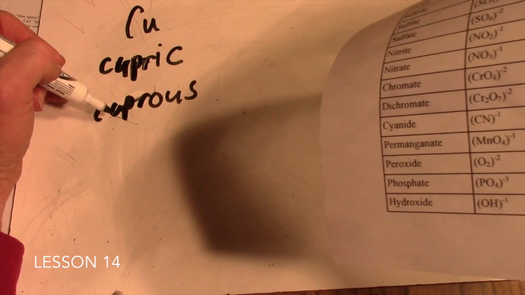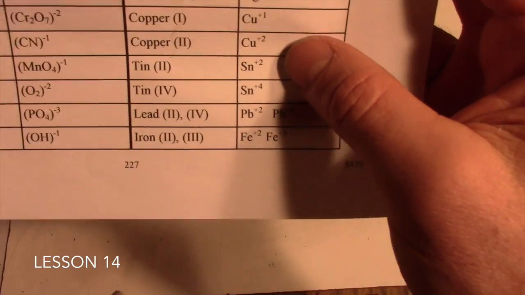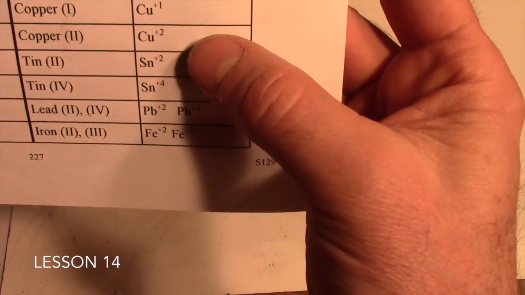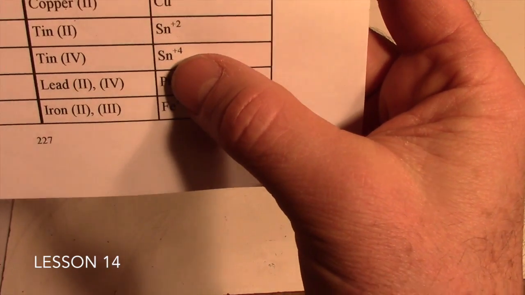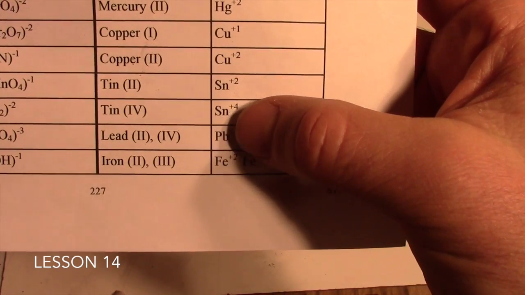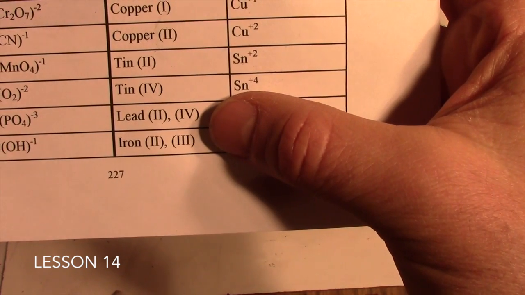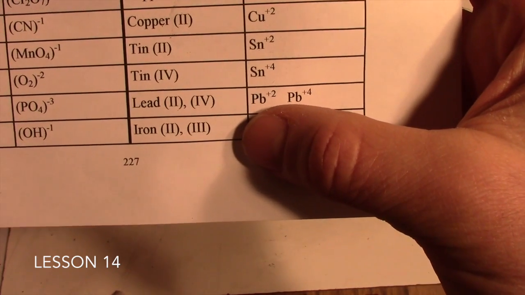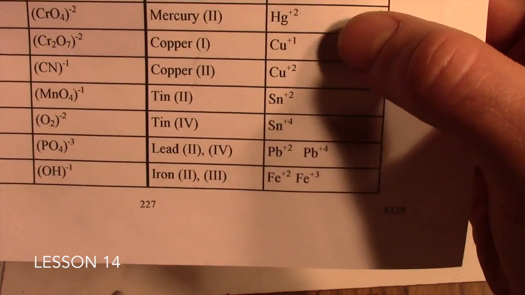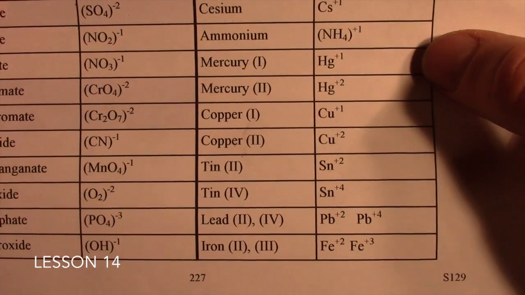So cupric and cuprous, and then for tin, it was stannic and stannous, and the lead was plumbic and plumbous, and ferrum, ferric and ferrous, and there was confusion in those.